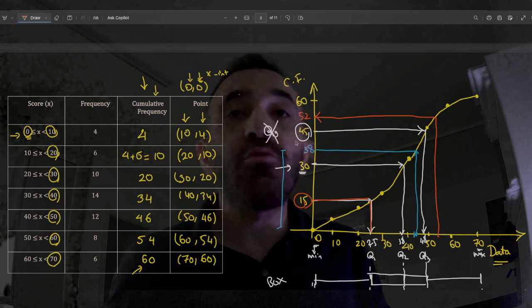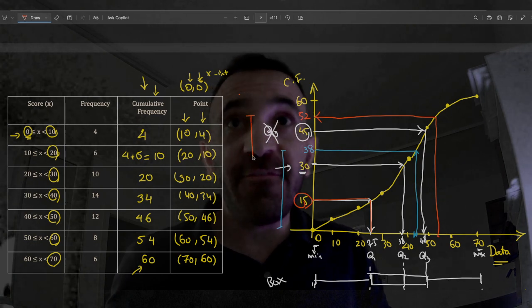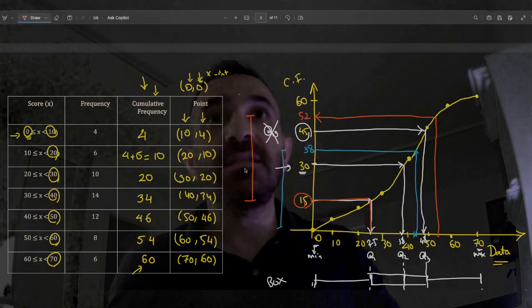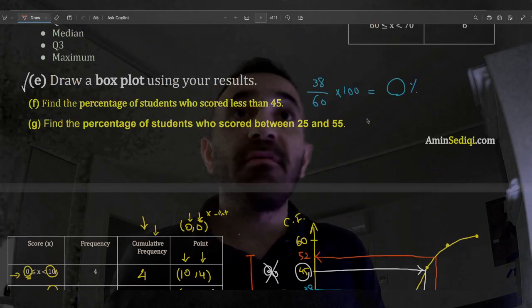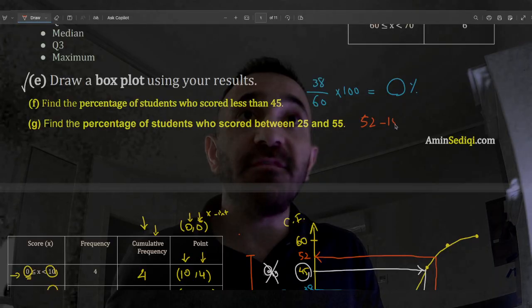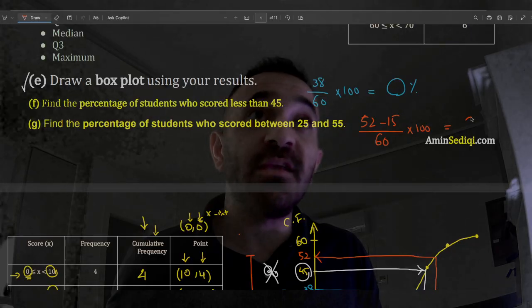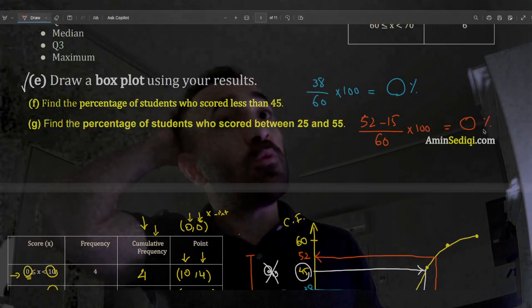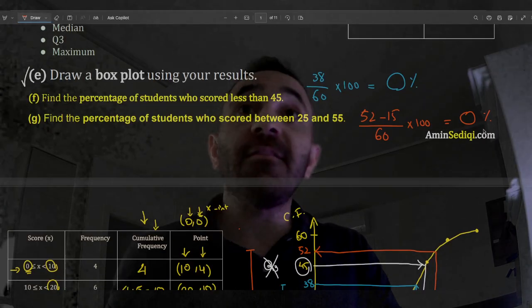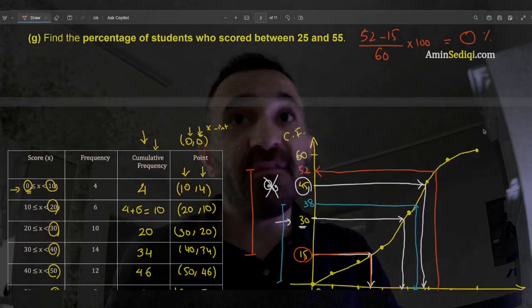So 52 minus 15, 52 students minus 15 students, divided by 60 times 100 gives you the percentage of students who scored between 25 and 55. One more time.